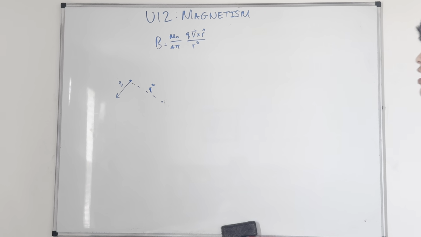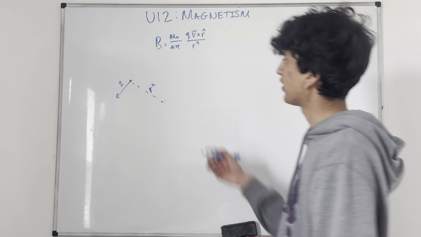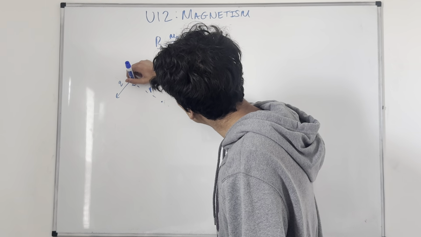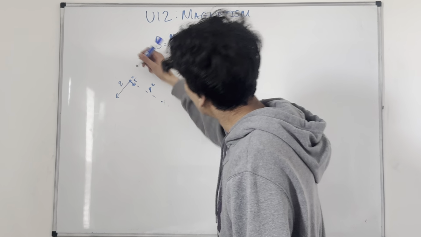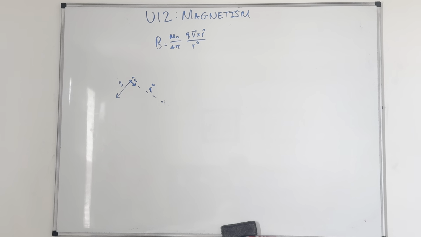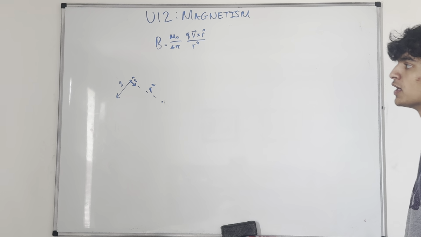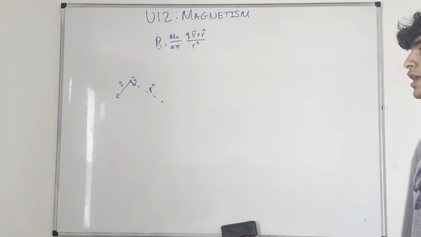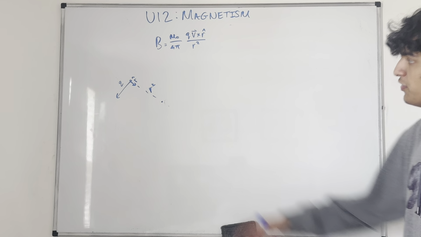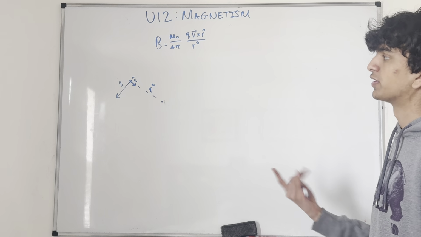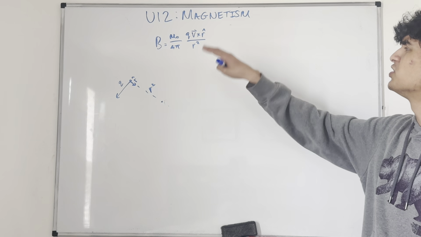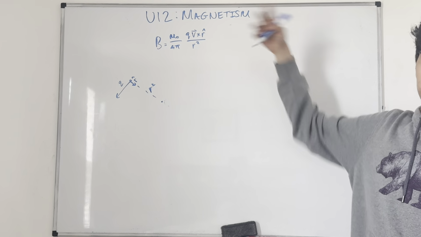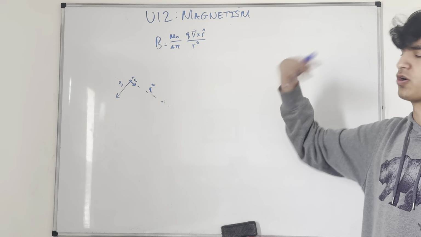But this R hat is the unit vector that points in the same direction as R. So V cross R hat just helps us figure out the direction, because the R hat tells us that we're taking the cross product in the direction of R. You could do V cross just R, but then you'd be dividing by R cubed, right?